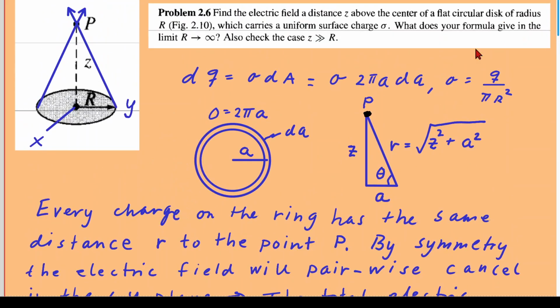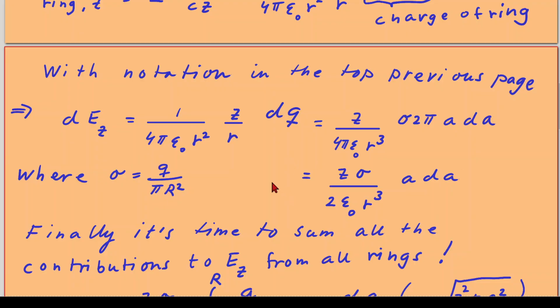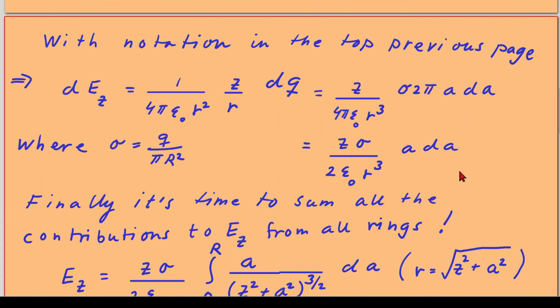This one here, it's somewhere here. What is one ring giving? What kind of field here? That's what we have done now. So this is that contribution to the electric field from one ring of radius a and width dA.